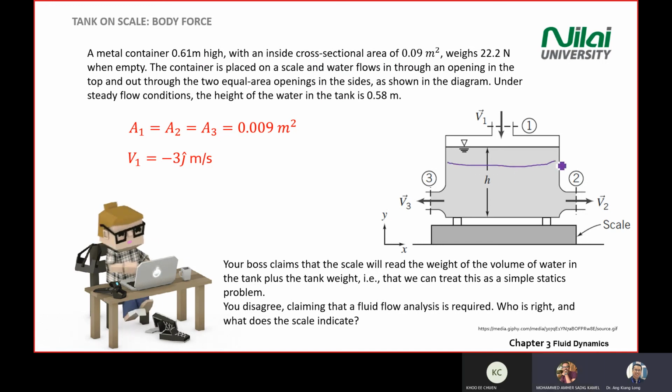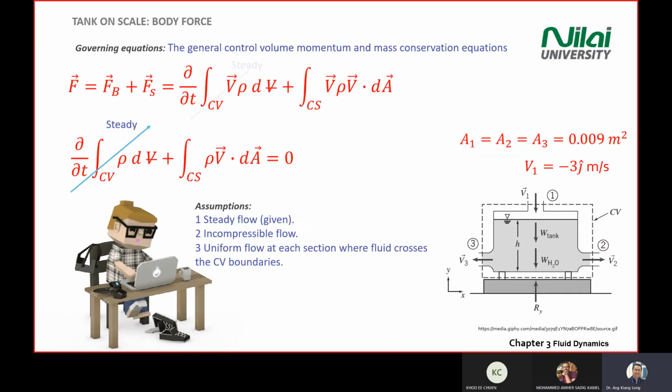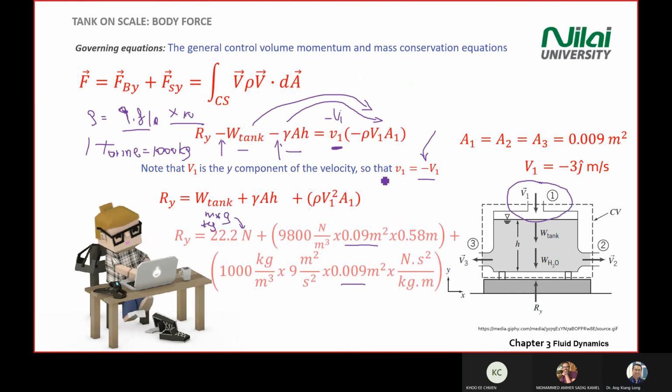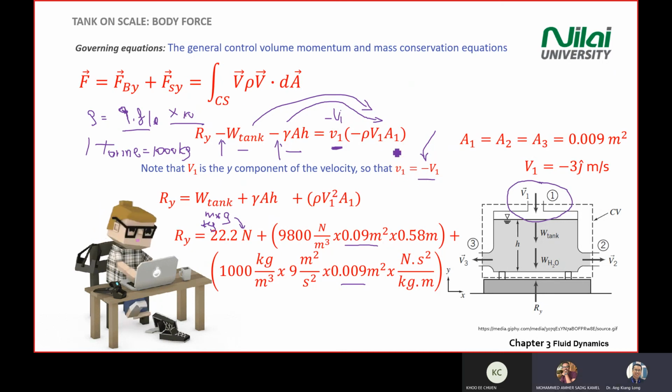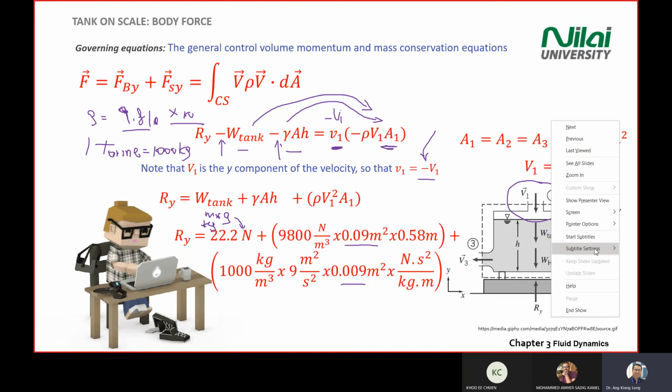This one is to calculate the weight of the water, the weight of the H2O. And the 0.991 is more on the control surface dimension there. So it is correct.